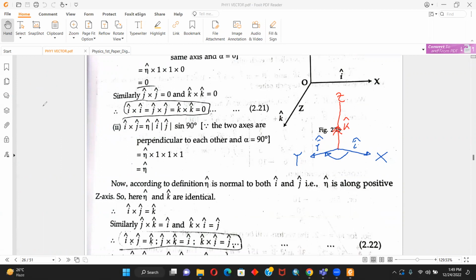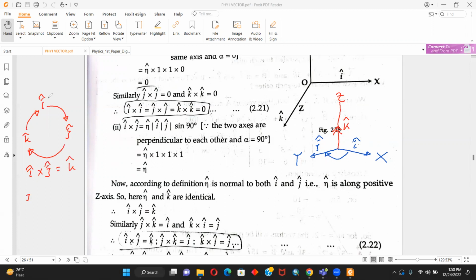See, this is i, this is j, and this is k. So i to j, j to k, and k to i. Here you will get three particular results. First of all, i cross j will be equal to k.